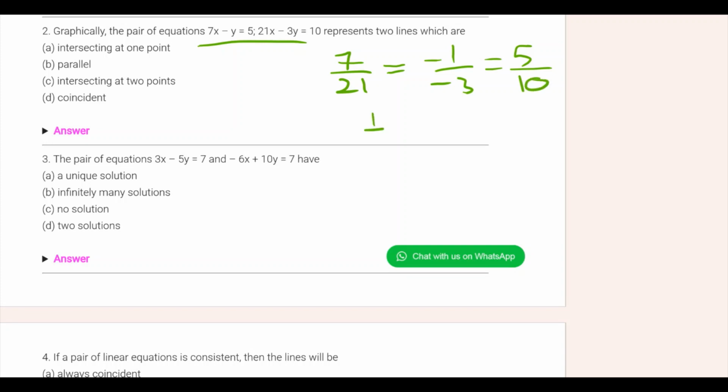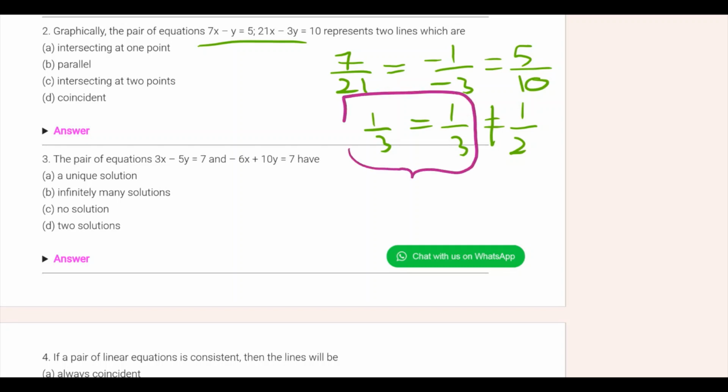This is 1 by 3, this equals 1 by 3, this is 1 by 2. So these two are not equal to 1 by 2. So a1 by a2 equals b1 by b2. So it's the first case. Lines are parallel to each other.